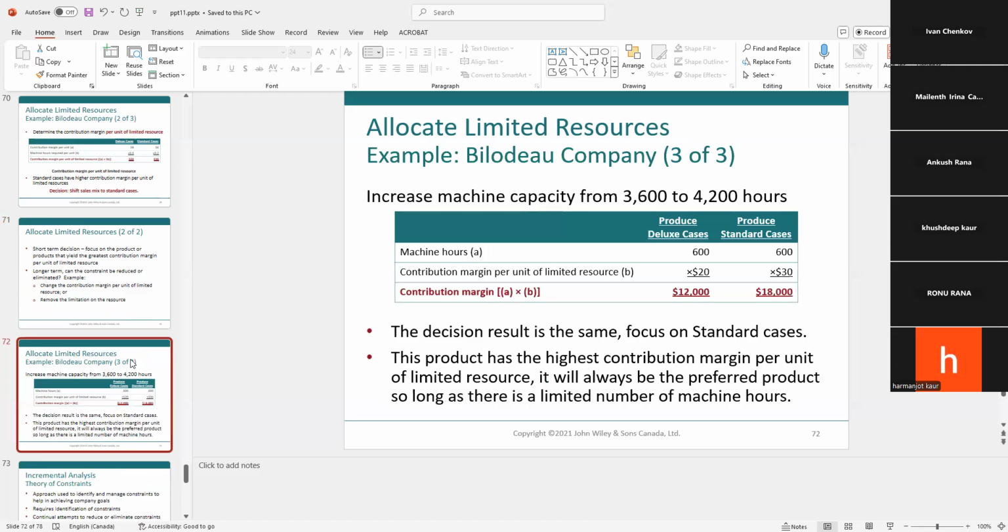Now, if we increase the machinery capacity from 3,600 hours to 4,200 hours, even though the decision is the same, we can still maximize our income here. Still, the standard is going to give us more, but now we have the capacity to produce more of both.